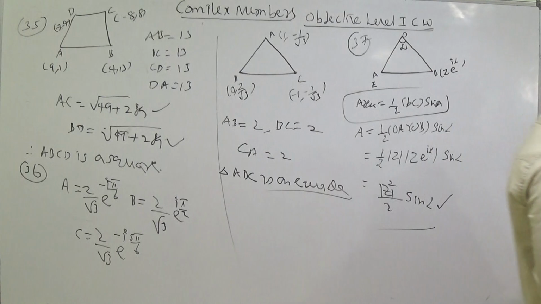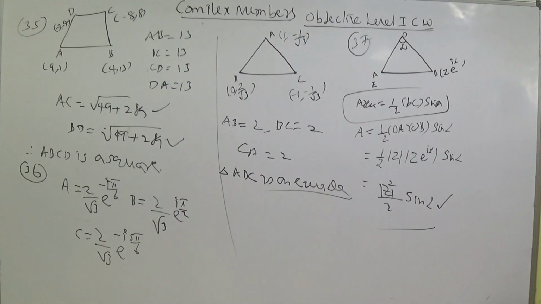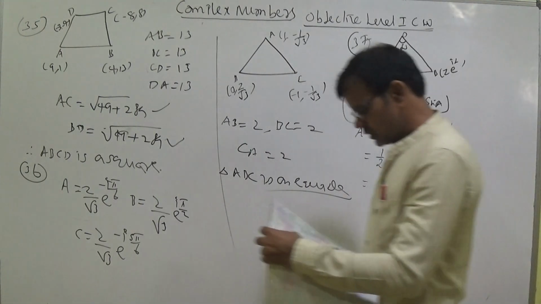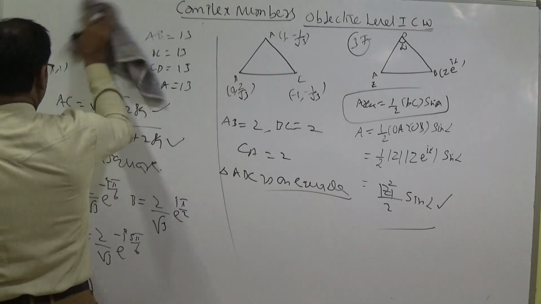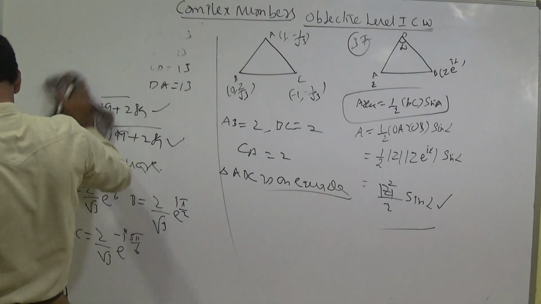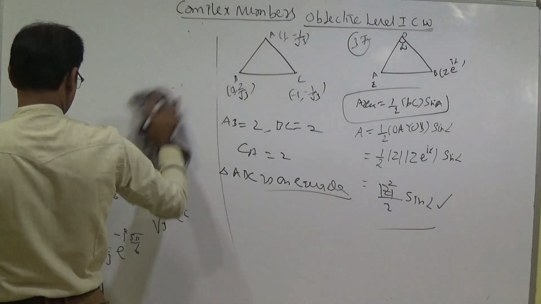Next one, 38th one. Area of the triangle formed by z, omega z, and z plus omega z. Maybe you have done this one.